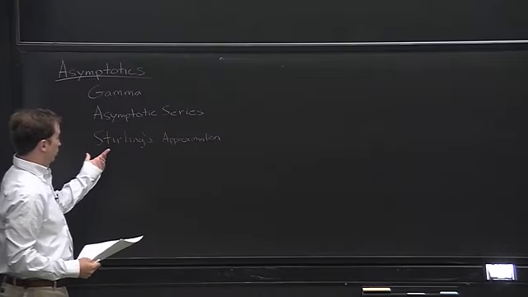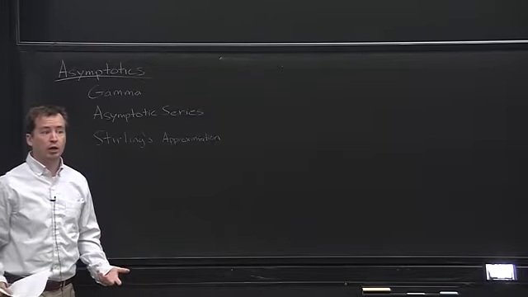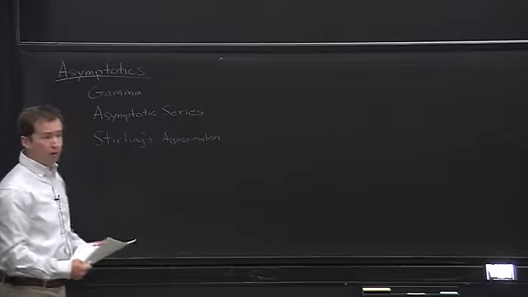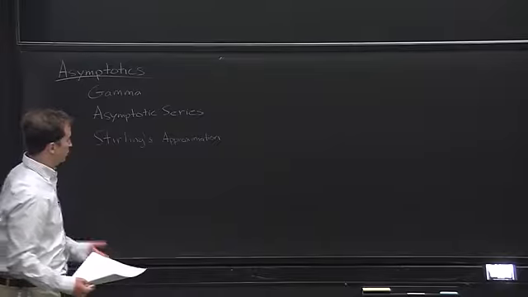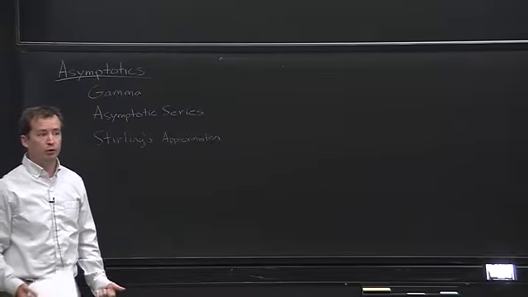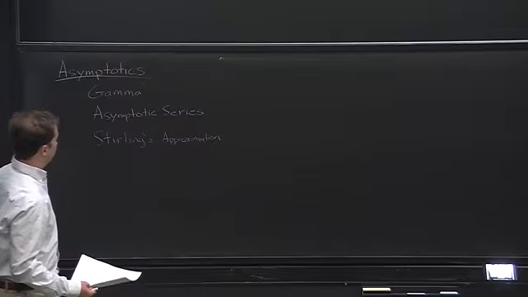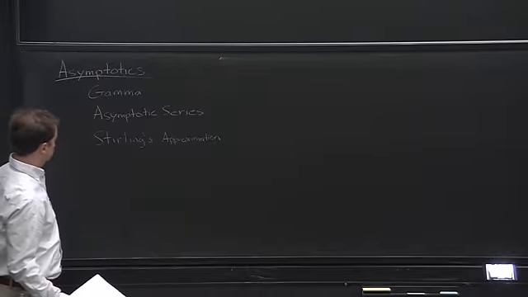And the method we'll use in this simple case we'll generalize tomorrow and generalize further in the quantum field theory courses. So this technique for approximating integrals will come up over and over again in the path or functional integral formulation of quantum field theory.